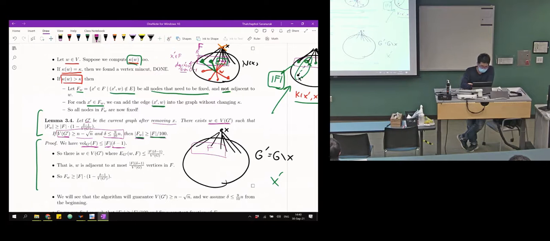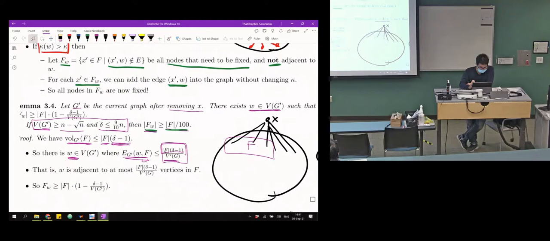So each of them has degree delta minus 1, but just because of this, by an averaging argument, there must exist one node W such that the number of edges from W to F is at most this, at most this thing over this.